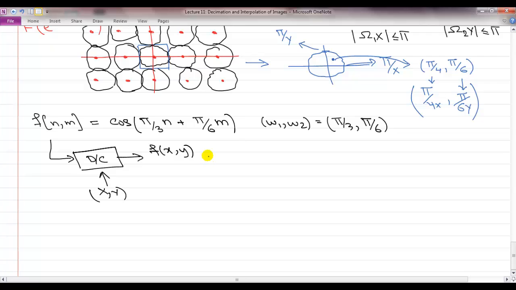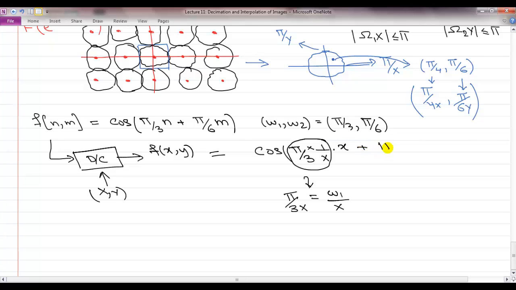Now, the frequencies will simply be equal to: you will have a cosine of pi by 3 times 1 over X times x. So the new continuous time frequency will simply become pi by 3X, which is little omega 1 over X, plus pi by 6 into 1 over Y times y.